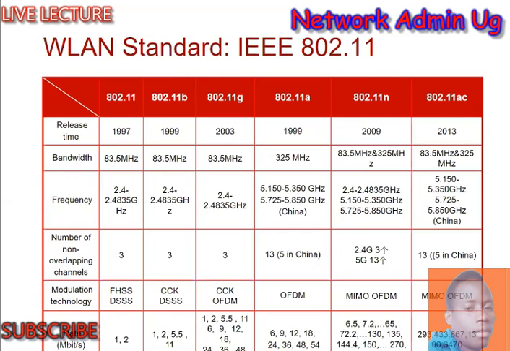But if you compare it with 802.11g, you'll find that 802.11g also operates at the 2.4 gigahertz frequency band and has data limits of up to 54 megabytes per second.